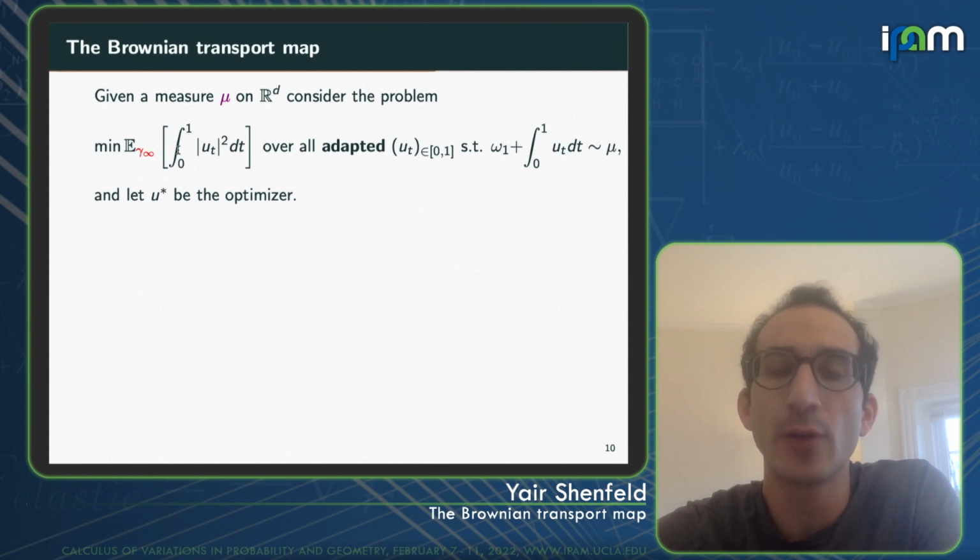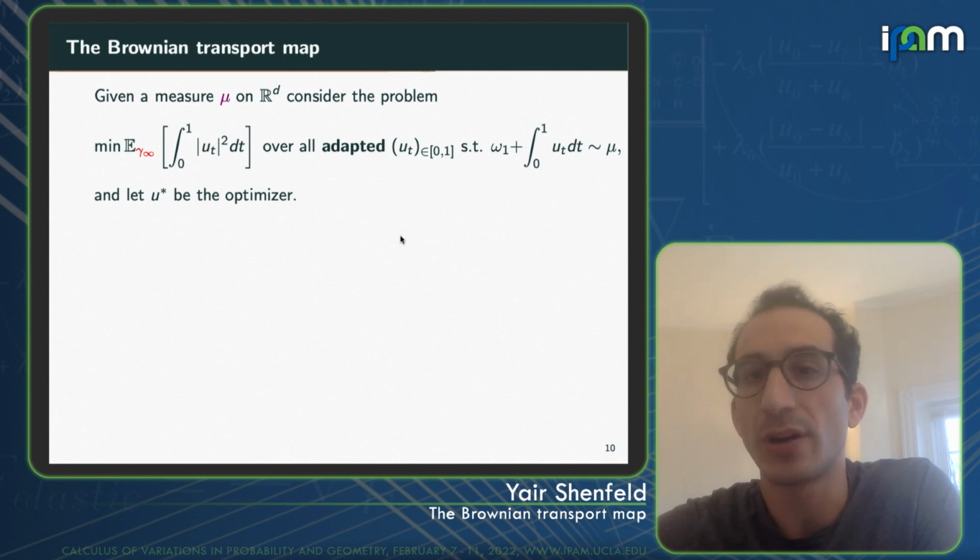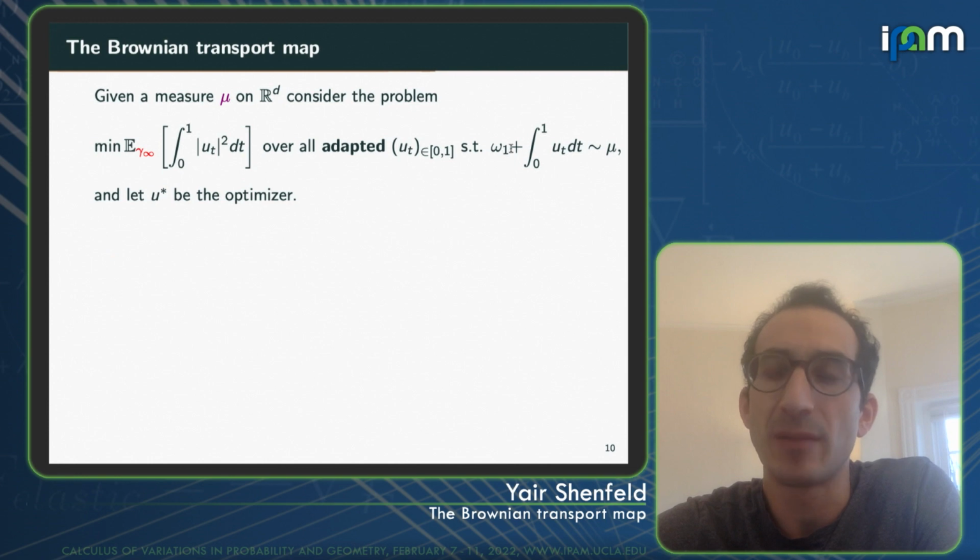So let's consider the following problem. Let's say we have a measure mu on R^d, and we're trying to minimize the energy of u_t. So we think of u_t as a function from time [0, 1] into R^d. And this is like a drift that you add to the Brownian motion.